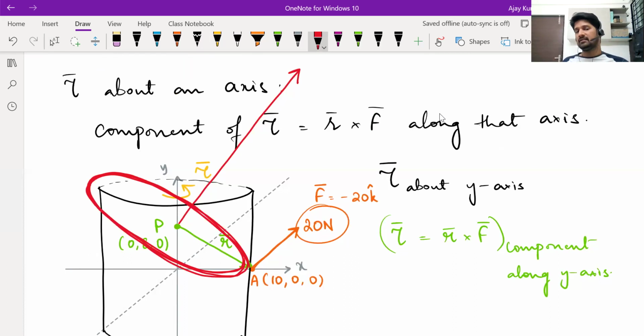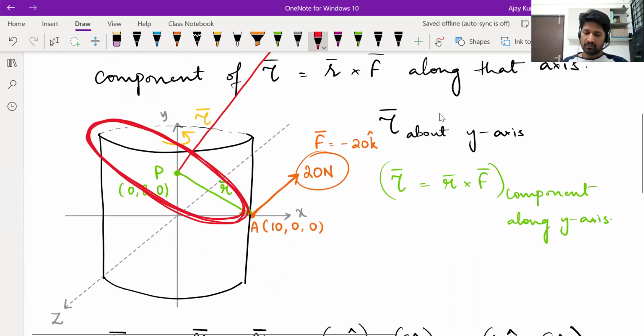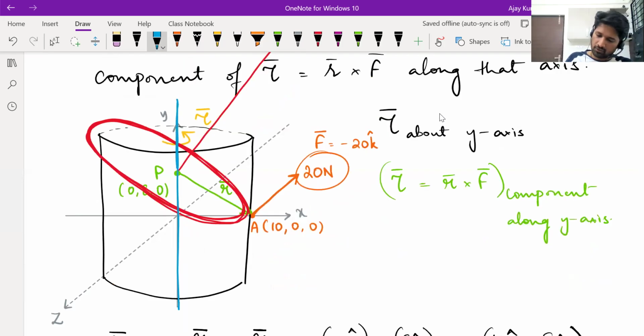But this cylinder is not a free object. Whether it's a free object or not doesn't matter. We want torque about the y-axis. How much rotational effect it has about this axis is what we want to find out. So imagine the cylinder is restricted to rotate around the y-axis. So this tilted motion will not be allowed.